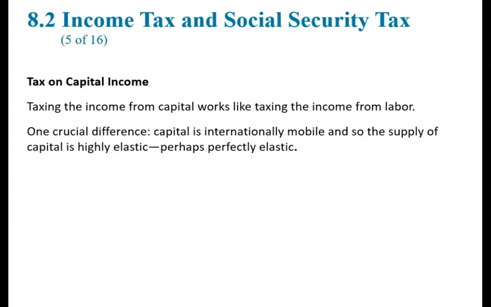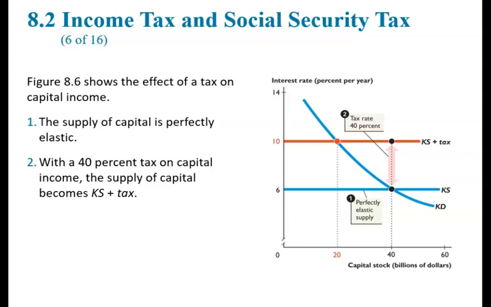Remember that the supply of labor was highly inelastic, but the supply of capital is highly elastic. It can even be perfectly elastic. So we will stick to assuming that it is perfectly elastic, shown by this horizontal supply curve. KD is the demand for capital, KS is the supply of capital.